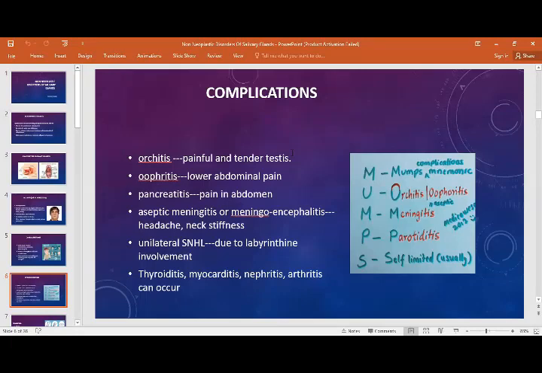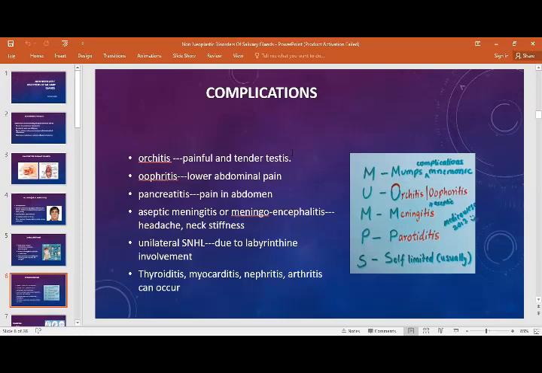The common complications in young boys and girls are otitis and uveitis, and sometimes it causes pancreatitis, as well as going into the brain. It can cause meningitis or meningoencephalitis, and the patient would present with headache and neck stiffness. Another important complication of this disease is sensorineural hearing loss.